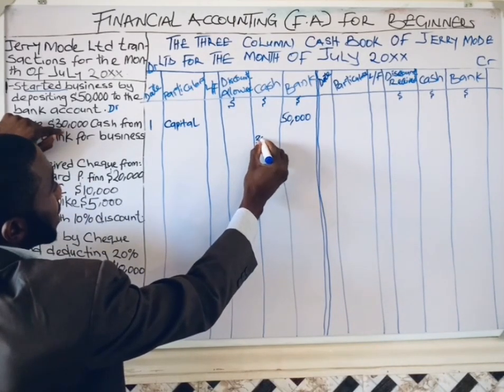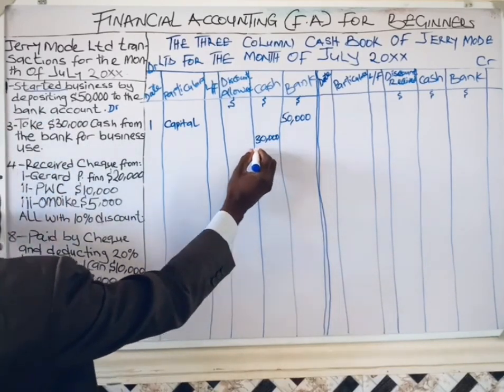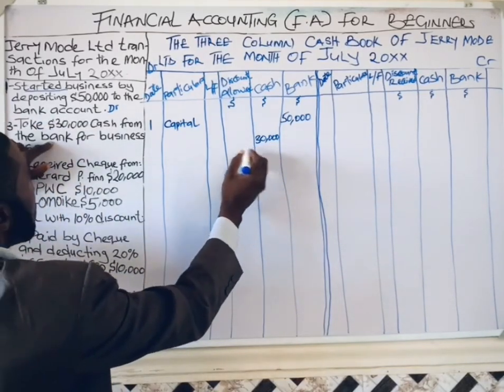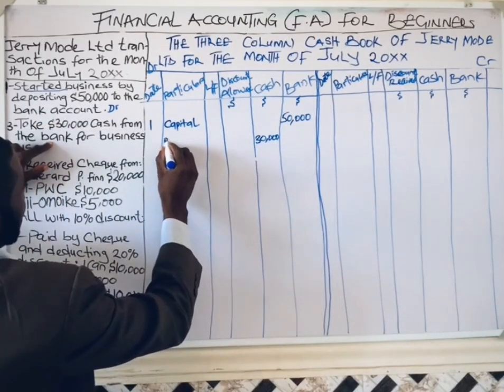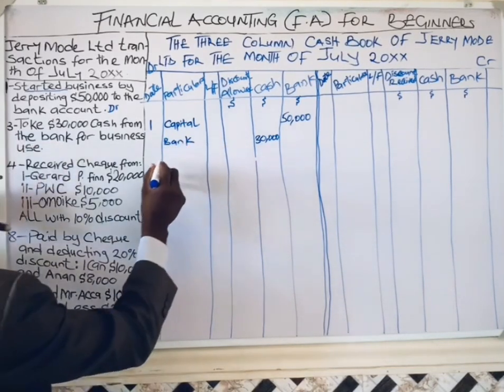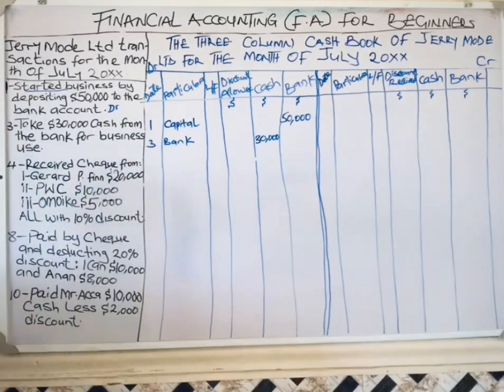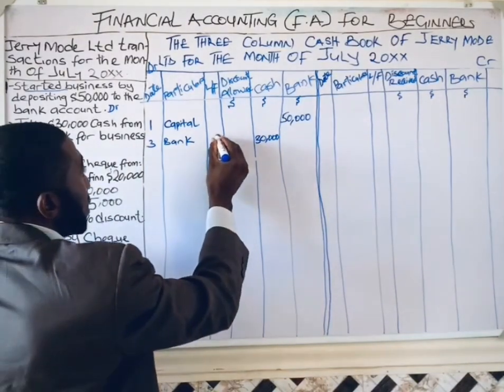You put your $30,000. Okay. Then from bank, we got this cash from bank on the 3rd of July. Very simple.